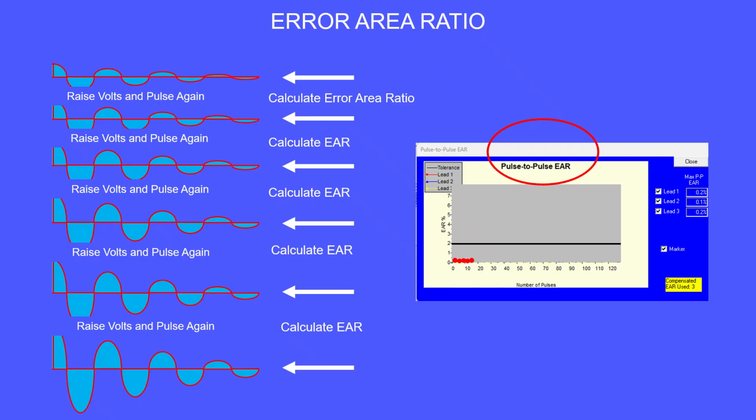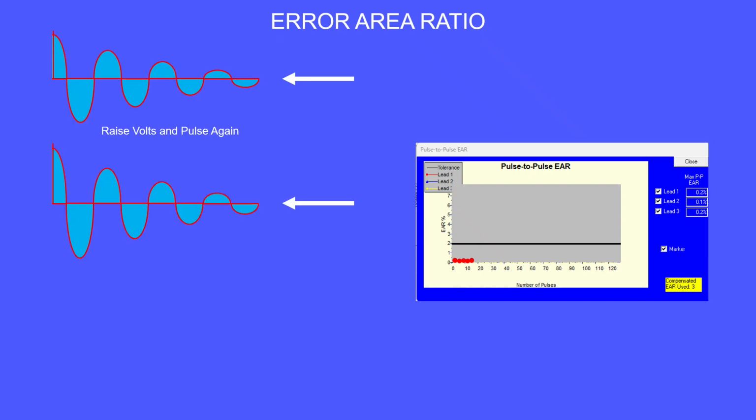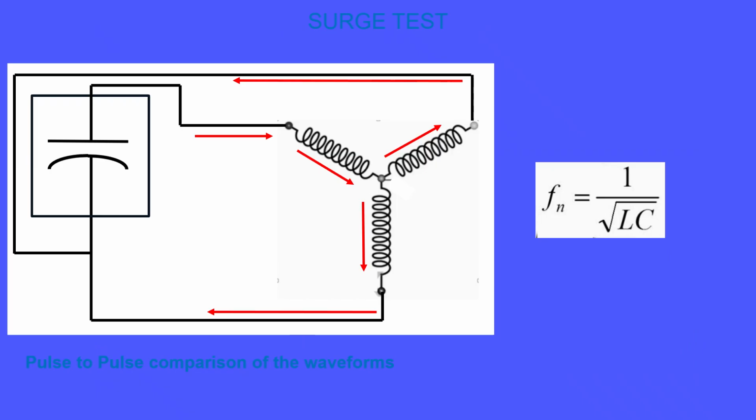The comparisons continue until either we reach full target voltage or the EAR plot exceeds our trip threshold. After reaching full target voltage on one phase, the tester will switch to the next phase and perform the same test beginning with low voltage.